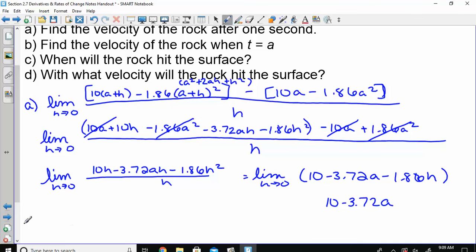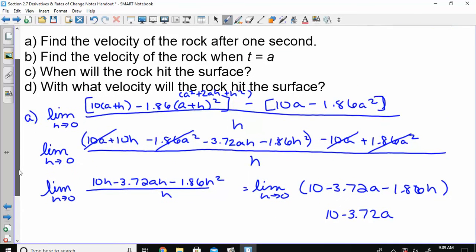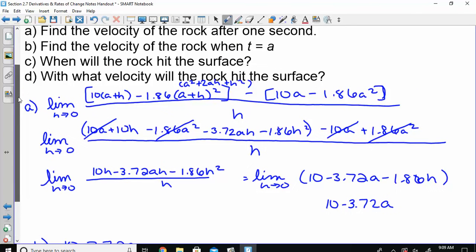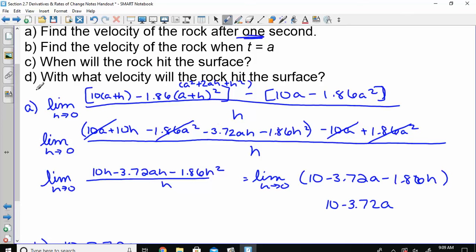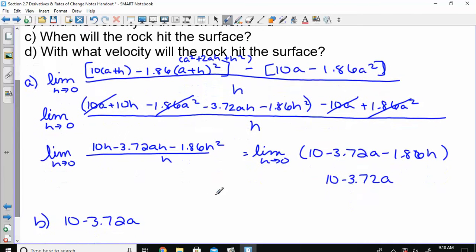Now this is actually the answer to part B. In part B, I just asked for the velocity at a general a, and I did that in part A so I wouldn't have to recalculate everything. Part A wanted the velocity at 1 second, so what's my a? I'm telling you, a is 1.